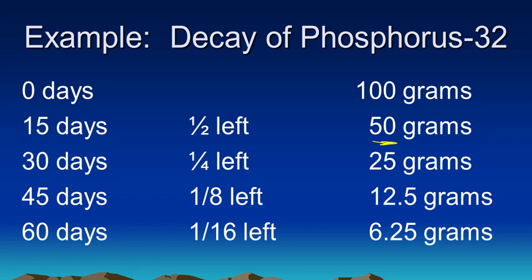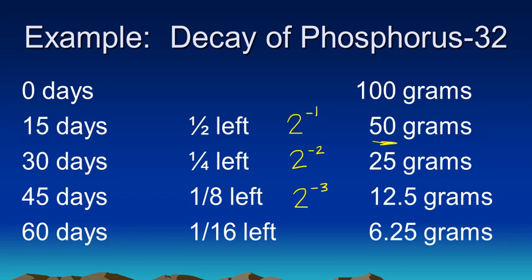Those of you who are more mathematically inclined might notice that after one half-life, the fraction that's left is equal to 2 to the -1 power. After two half-lives, the fraction that's left is equal to 2 to the -2 power. After 3 half-lives, it's 2 to the -3rd.